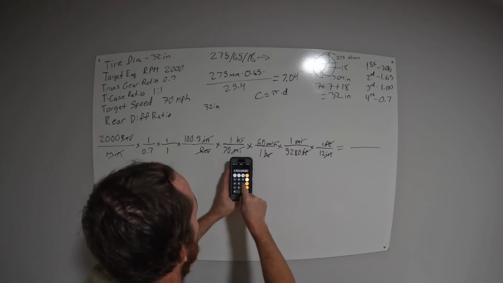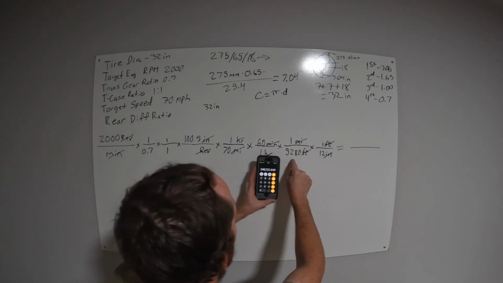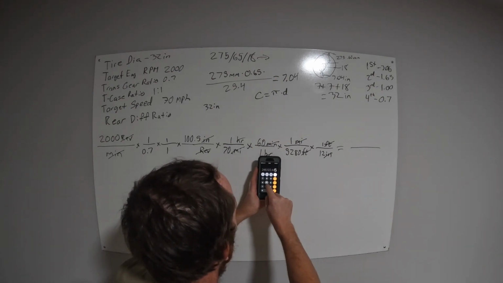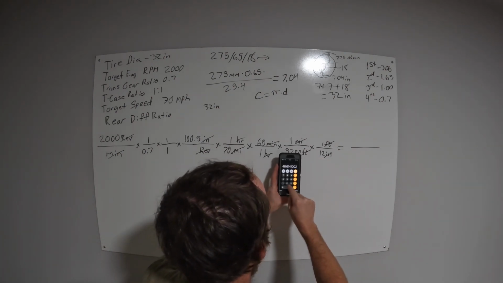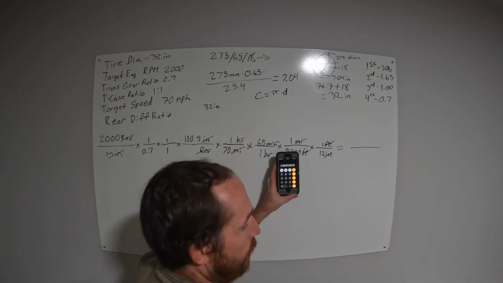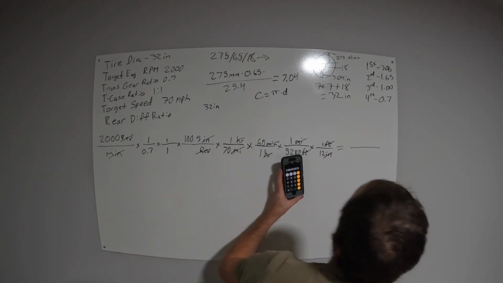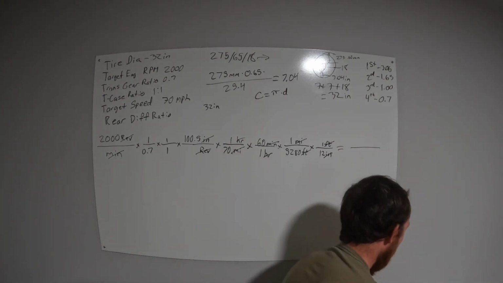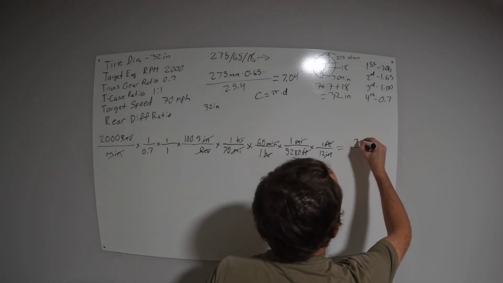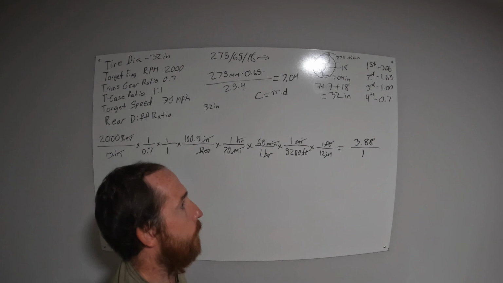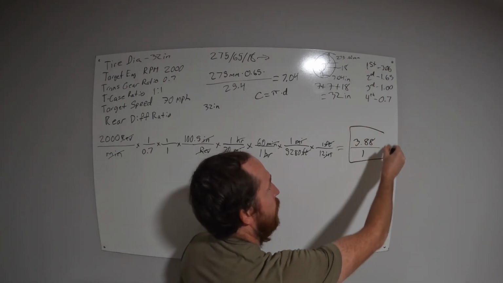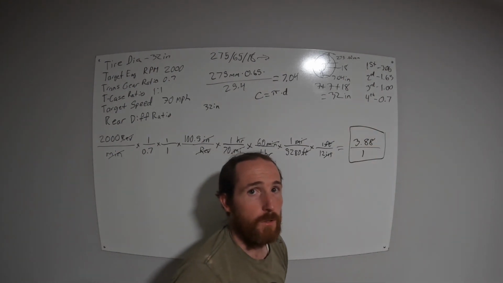Let's multiply that by 60. Let's divide that by 5,280. And let's divide that by 12. Which gives us 3.88 to 1. That's the gear ratio of your differential.